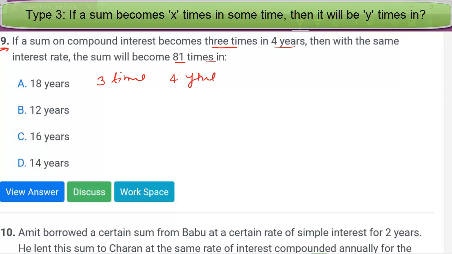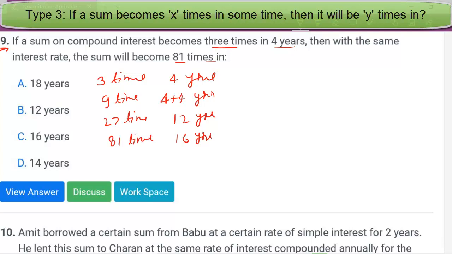In another 4 years, that means 4 plus 4 years, it will become 9 times, and in another 4 years, that means in 12 years, it will become 27 times, and in another 4 years, that means in 16 years, it will become 81 times. So straight away we get the answer that in 16 years it will become 81 times. So the answer is C.